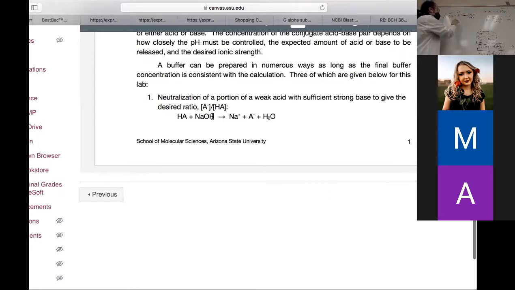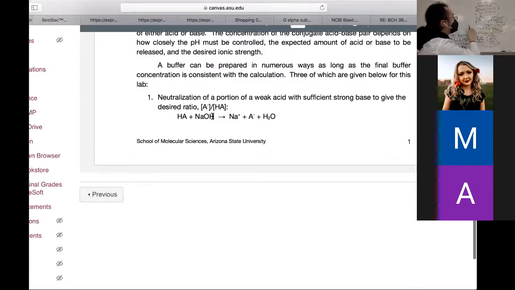Okay. So we don't know initially, if it goes to this equation over here. This is the equation we are using to calculate the pH. pH equals pKa plus log of the concentration of the weak base over the concentration of weak acid.